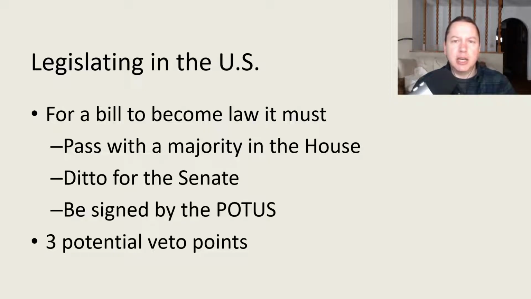And then it must be signed by the President of the United States. So right there's 3 potential veto points. And I would argue it's by design. It's supposed to be difficult to enact new legislation. The Constitution is a document that largely preserved the status quo that the people who wrote it were familiar with.